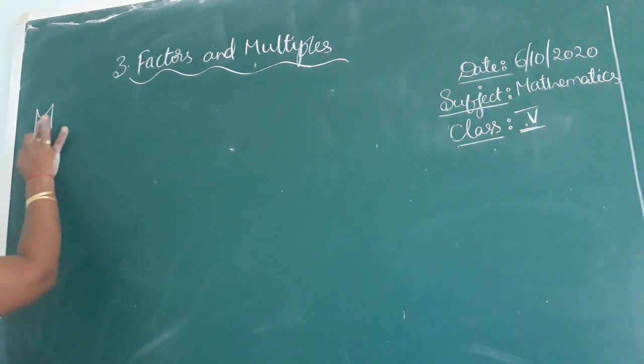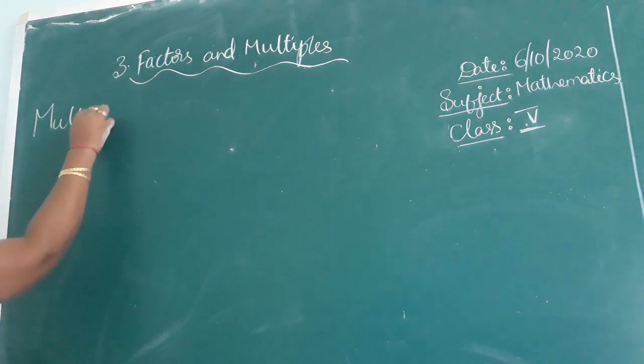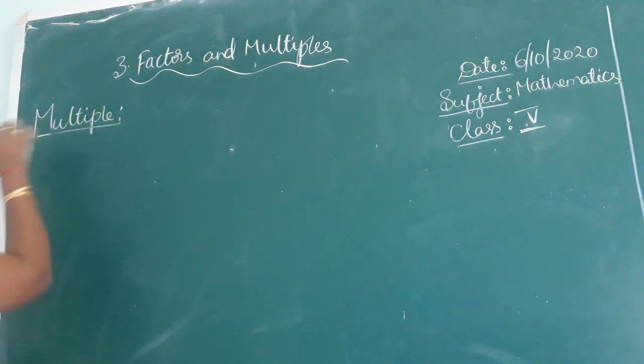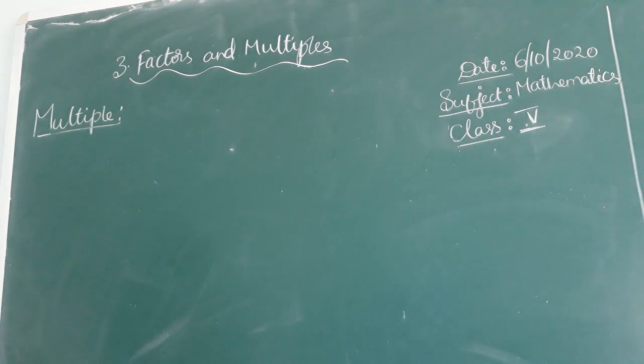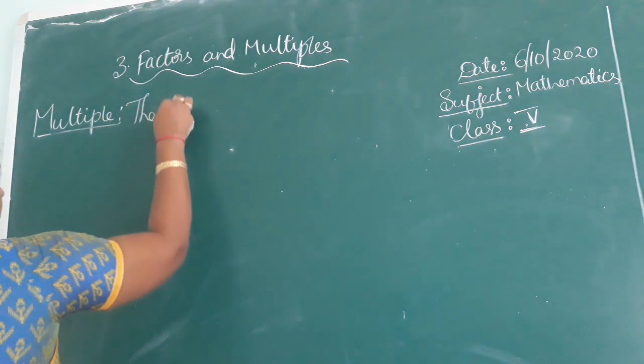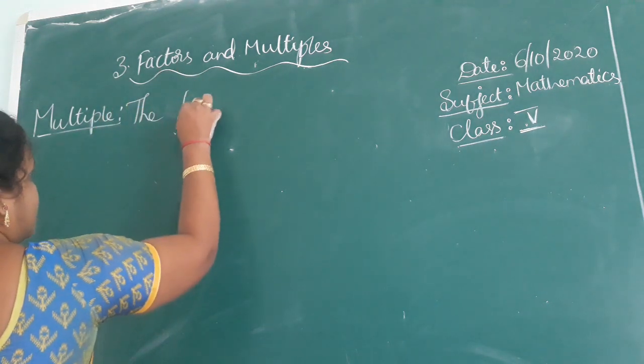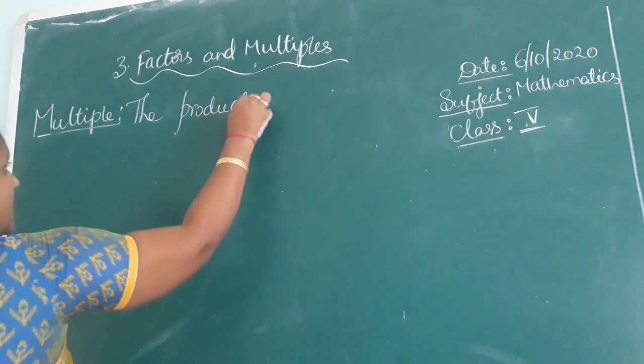First one, about multiples. What is meant by multiple? What are meant by multiples?